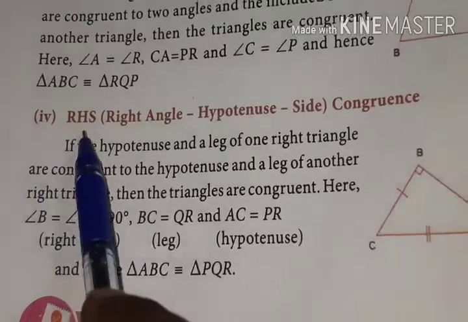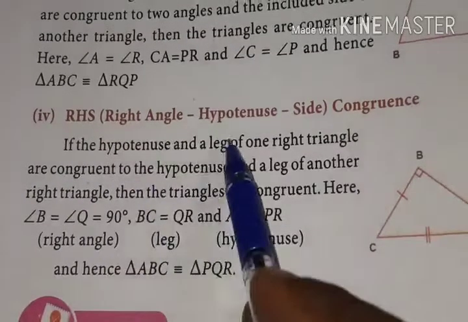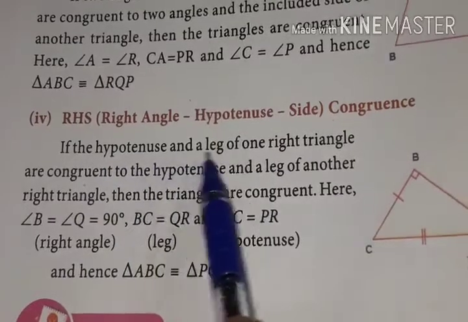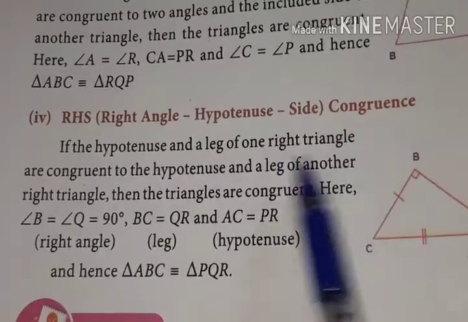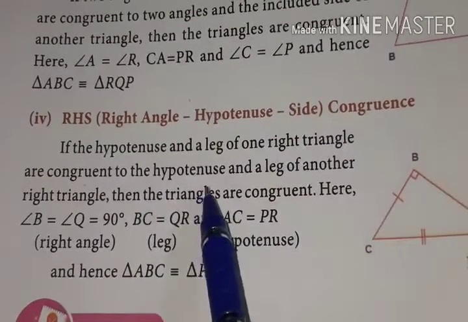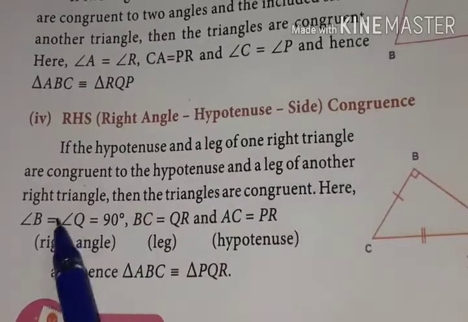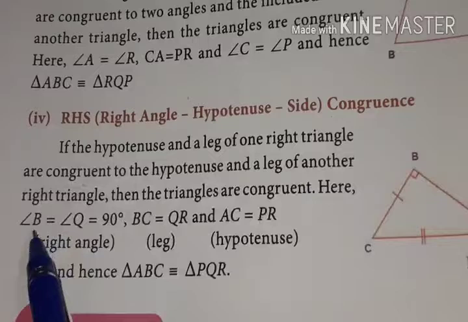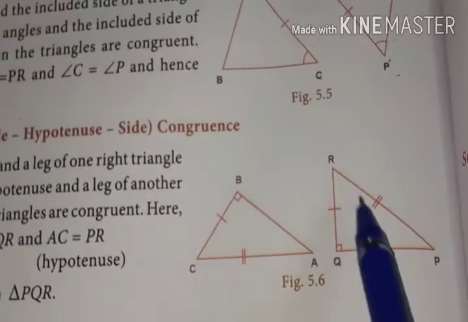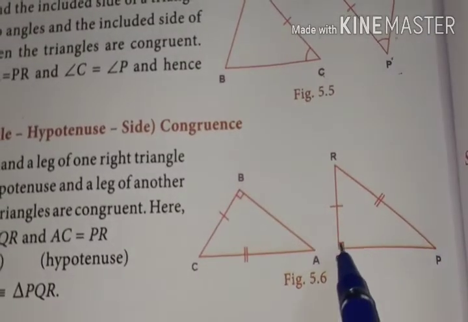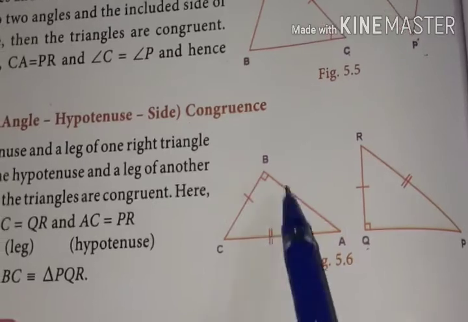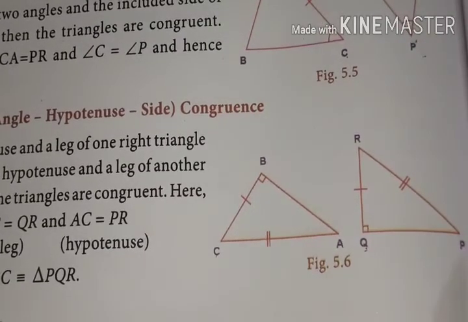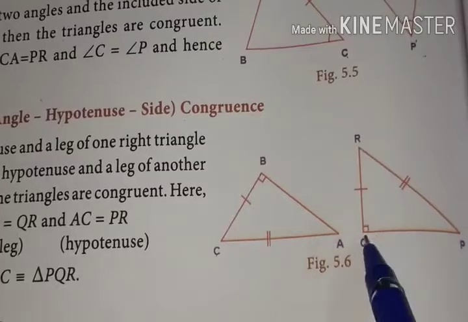Then the fourth one, RHS, right angle hypotenuse side congruence. If the hypotenuse and a leg of one right triangle are congruent to the hypotenuse and a leg of another triangle, then the triangles are congruent. See here, angle B is equal to angle Q, right angles. Then another side, BC is equal to QR.